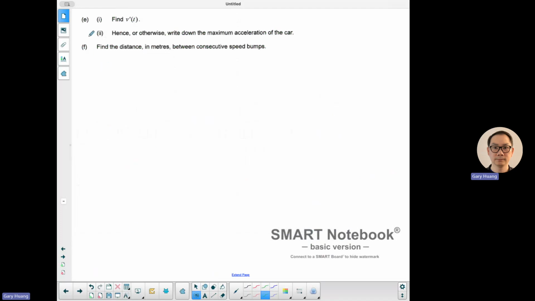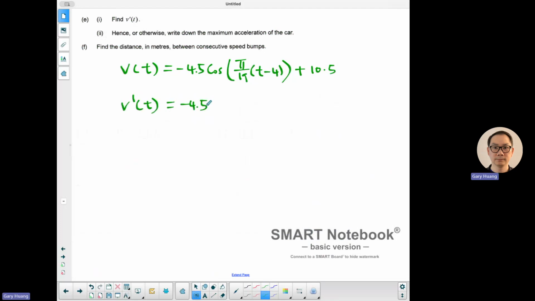Moving on, part E, you're asked to find the derivative. Okay, well, we can do that. The velocity function is negative 4.5 cosine pi over 19 t minus 4, plus 10.5. So what's the derivative? Right, you carry down the coefficient. The derivative of cosine is negative sine of the same function. And then you multiply by the chain.